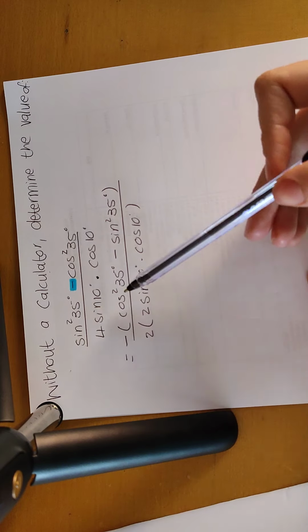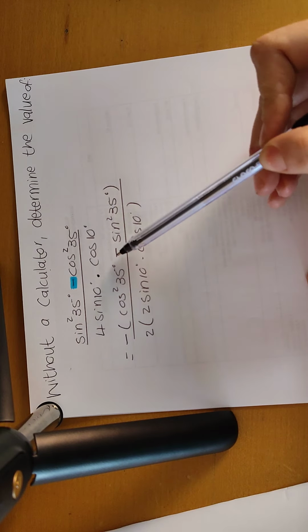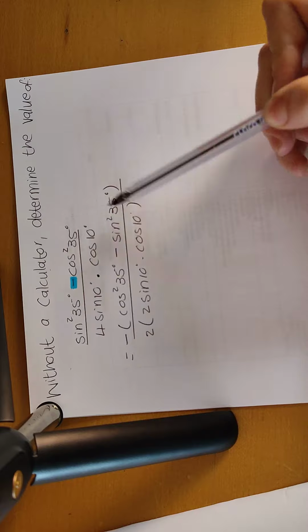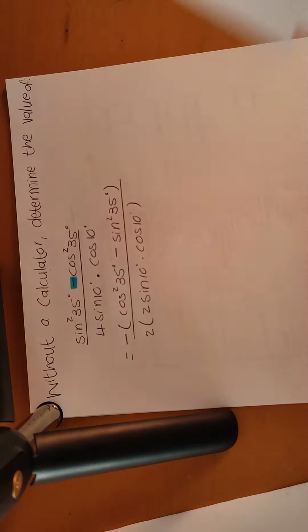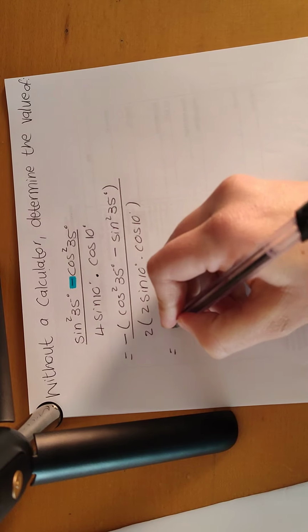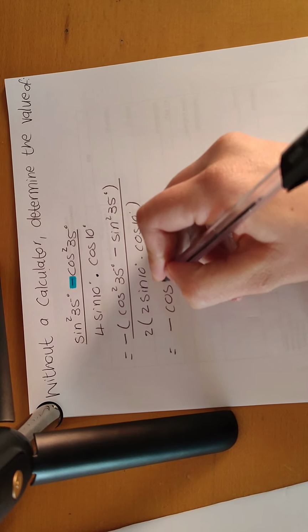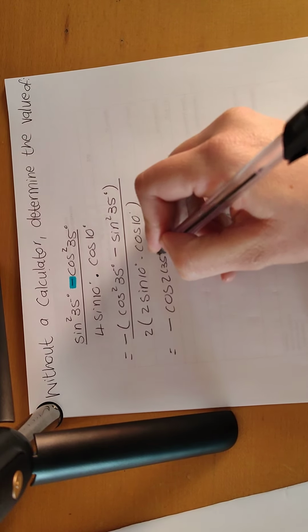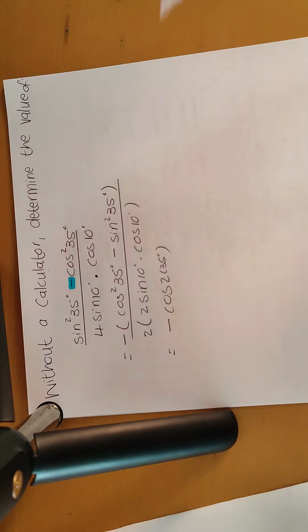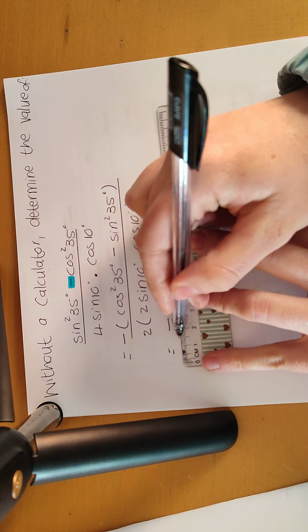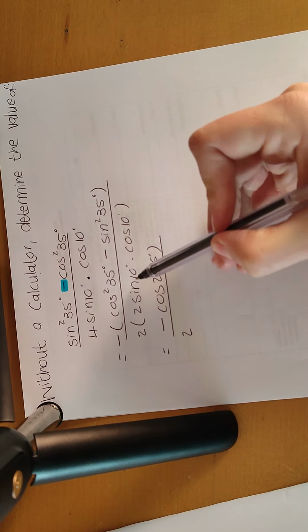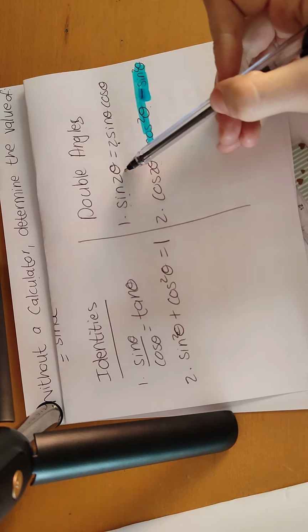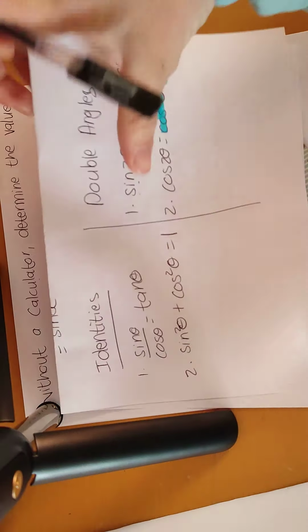Firstly, I'm going to say cosine squared 35 degrees minus sine squared 35 degrees is my double angle here, which is cosine 2 theta. So this is then negative cosine 2 times 35 degrees, divided by 2 times 2 sine 10 degrees cosine 10 degrees, which brings me to this double angle, sine 2 theta.